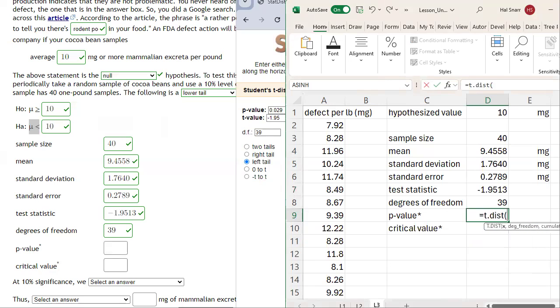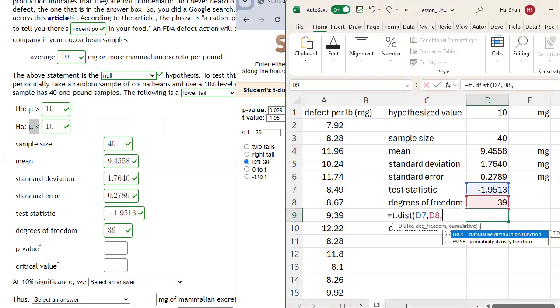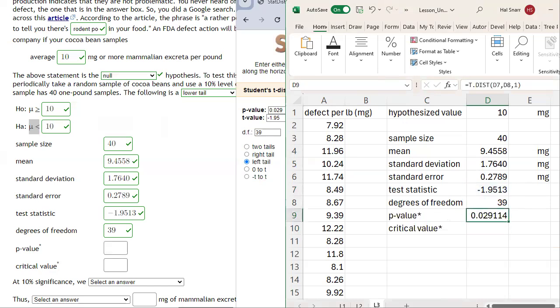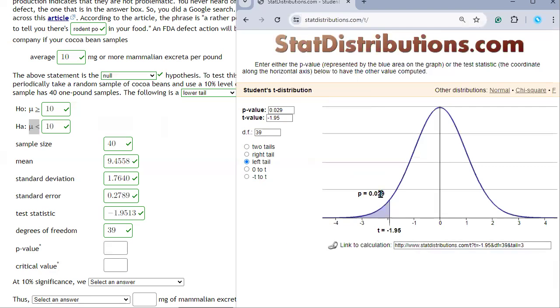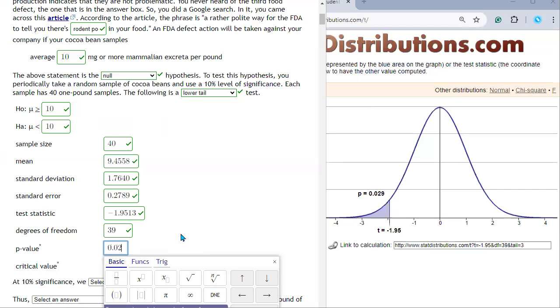That means we have to feed it a number on the number line, which is our test statistic. And then we need to feed it the degrees of freedom. And then we need to type 1 for cumulative. And that's going to give us a p-value. The p-value to 4 decimal places is close to 0.029, but it's actually 0.0291. So it's really close to that, but we have to add a 1 there in the 4th decimal place, 0.0291.